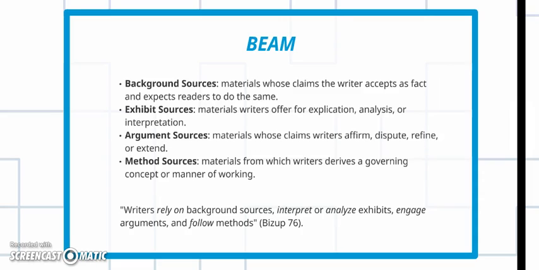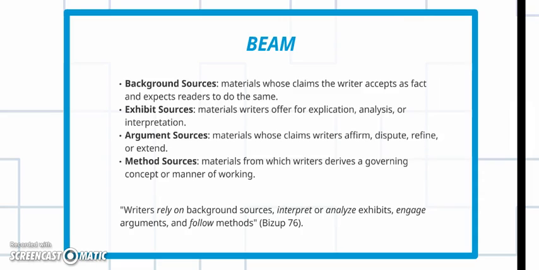Argument sources are materials whose claims writers affirm, dispute, refine, or extend. Argument sources are going to be predominant in your next essay, the research argumentative essay. And in terms of Graff and Birkenstein, it's the they say part. These are claims about an issue that are out there that you're engaging.